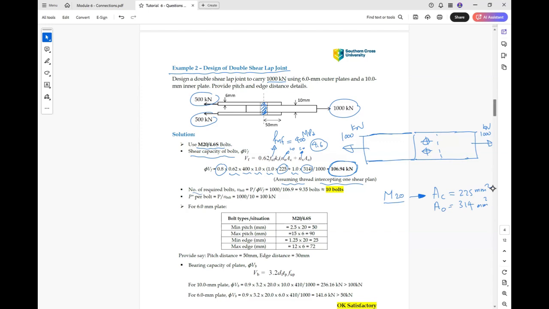So how many bolts are required? If the maximum carried by one is 107, the number of bolts required will be 1,000 over 106.9, so we need at least 9.35 bolts. We round it up to 10 bolts. So we need 10 bolts for this one, and the force per bolt will be 1,000 over 10 bolts, so 100 kilonewton.